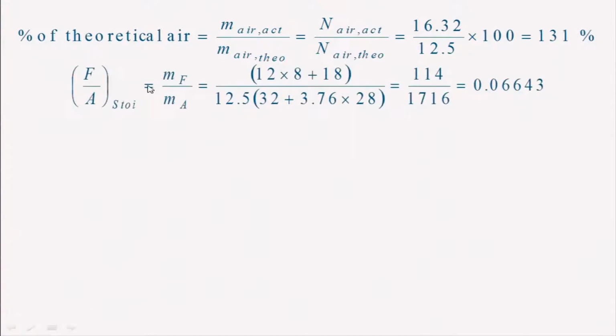And the stoichiometric fuel air ratio will be equal to mass of the fuel by mass of air, that is, if you just put these numbers here, you will get 0.06643. And if you look at the air fuel ratio, what would it be? It is around 15.05.